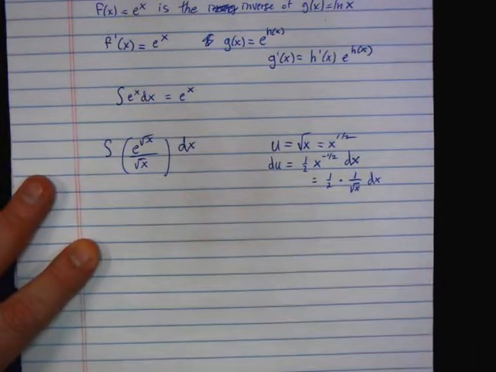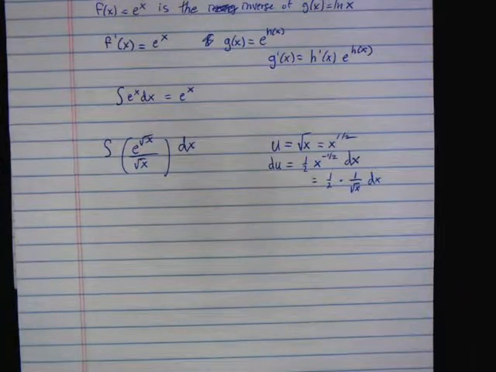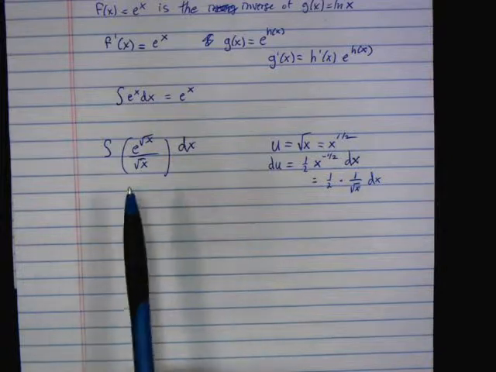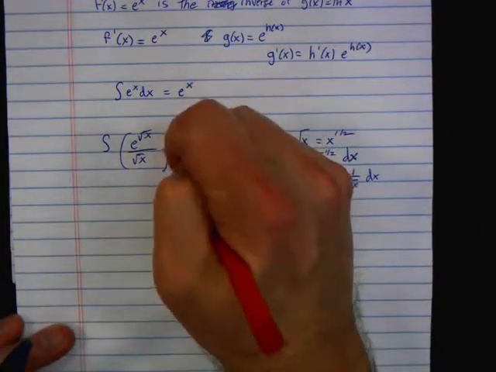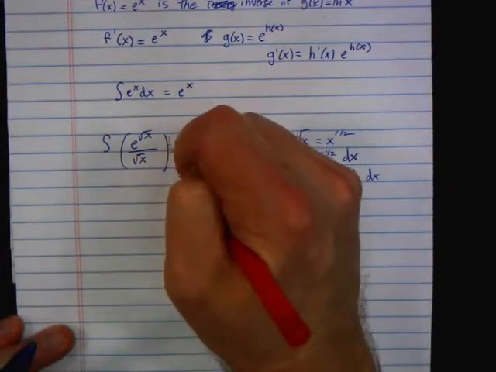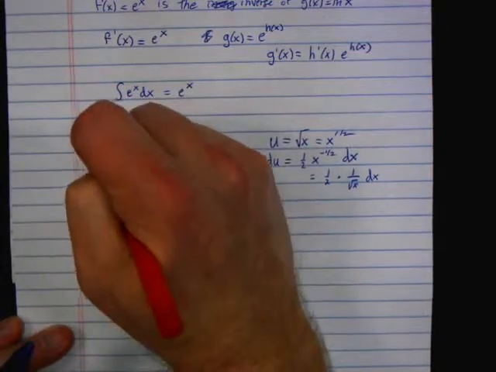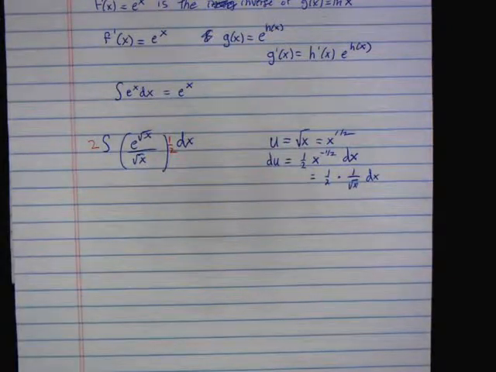The 1/2 power is the square root. That's very helpful. Why is that very helpful? Because I want a square root on the bottom to match that one. So the only thing I'm missing is the 1/2. So I'll sneak a 1/2 right in there. Balance it off with a 2.